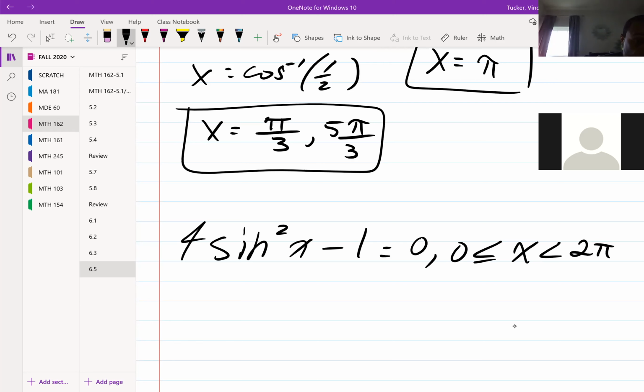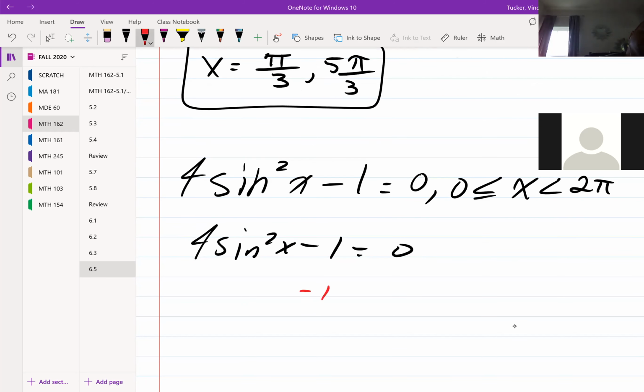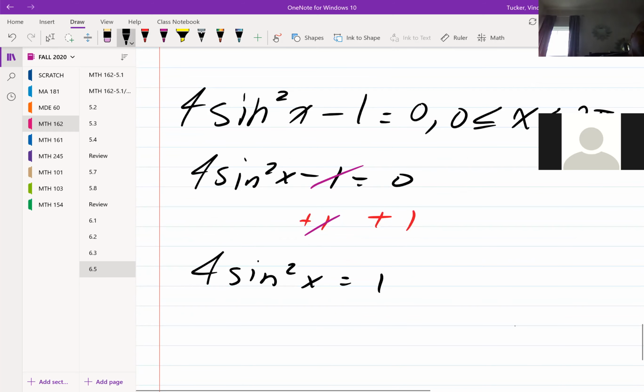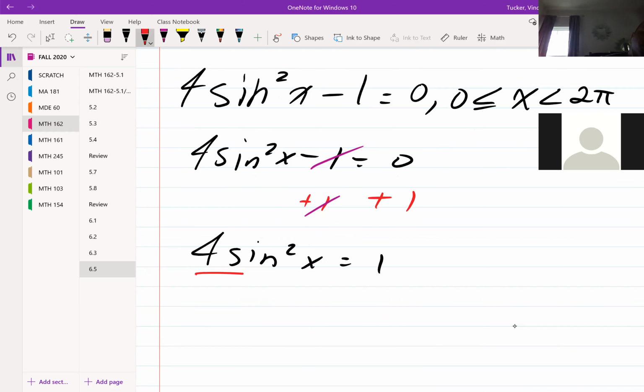All right, so we can solve for sine. Adding 1 to both sides. Divided by 4.